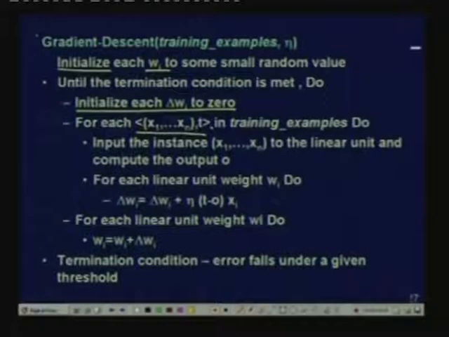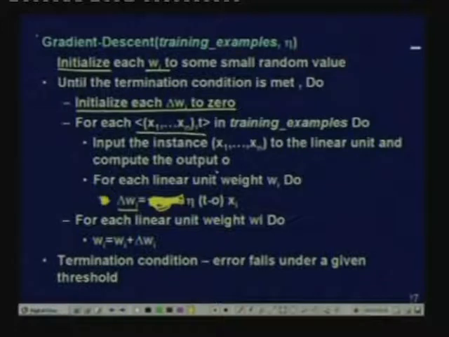For each of these training examples, we give the input to the linear unit and compute the output O. Output O is simply sigma Wi xi. Now, for each linear weight, we modify delta Wi as delta Wi equal to eta times (t minus O) times xi, and then we say Wi is Wi plus delta Wi.